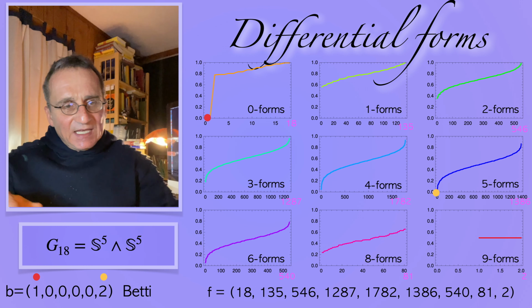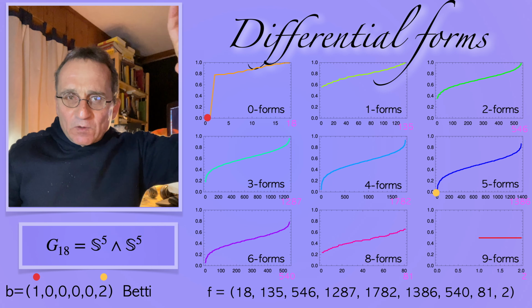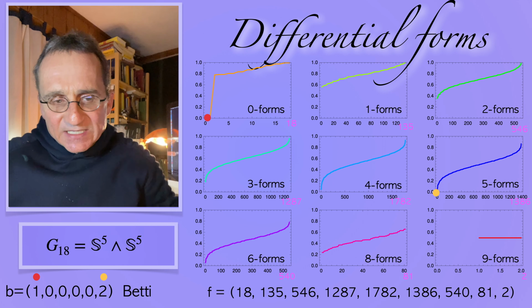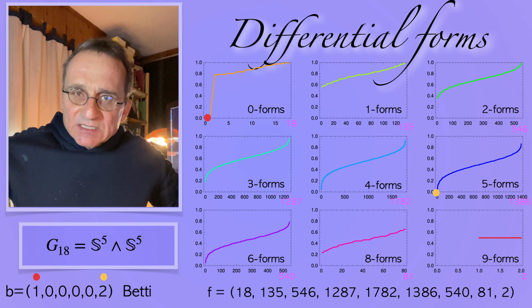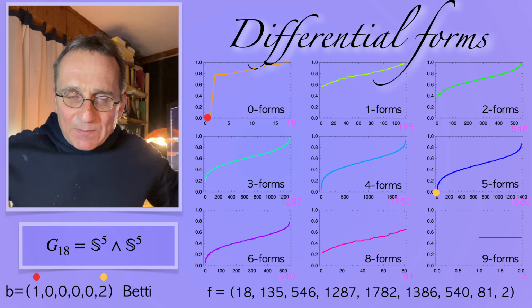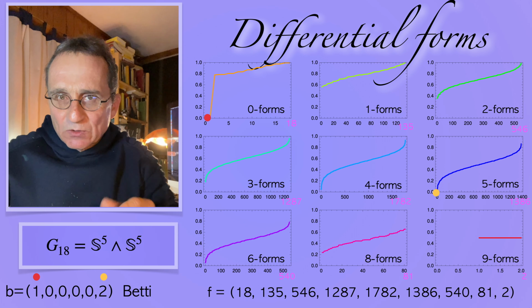But you see these 0 forms, 1 forms, and so the 9 forms, 8 forms, the high degree forms and the low degree forms, they become less and less relevant, because if you look at the f-vector, this is a hyper-Pascal triangle, and so it's essentially like the Pascal triangle, binomial part, but just distorted a little bit.